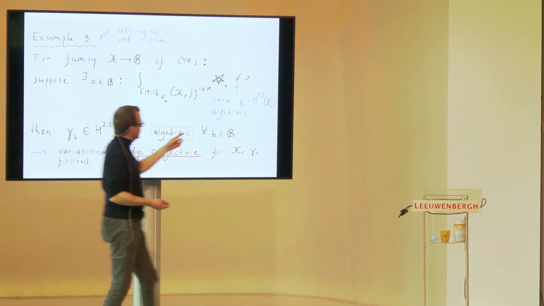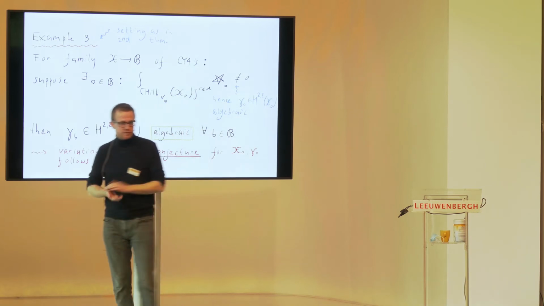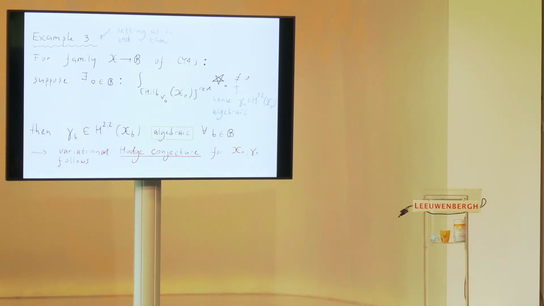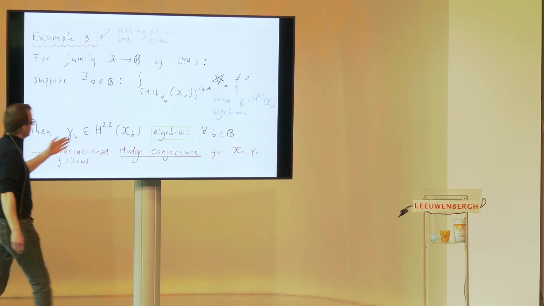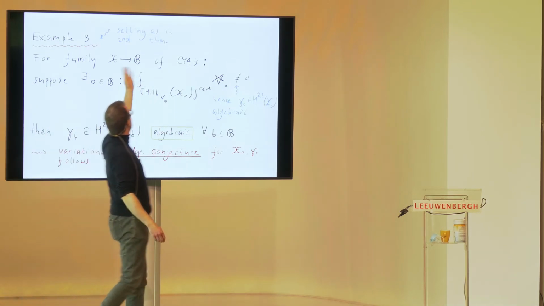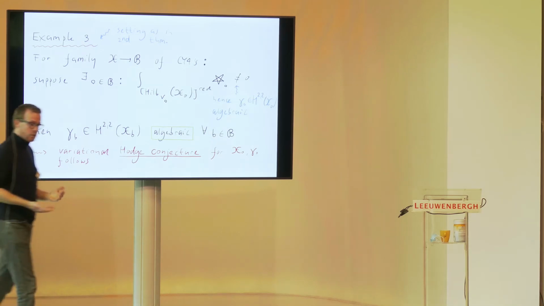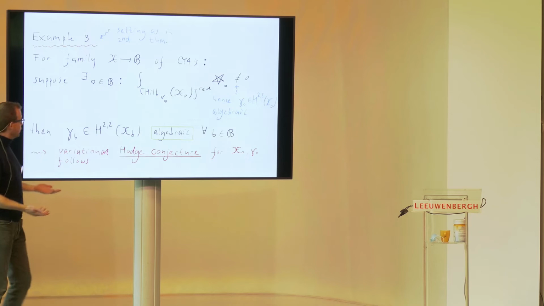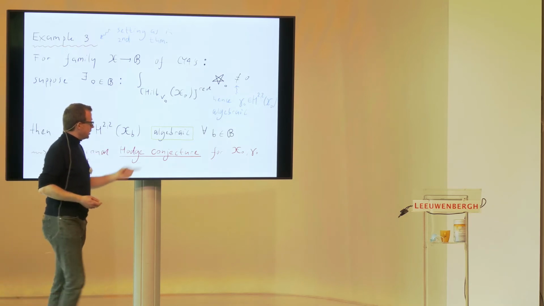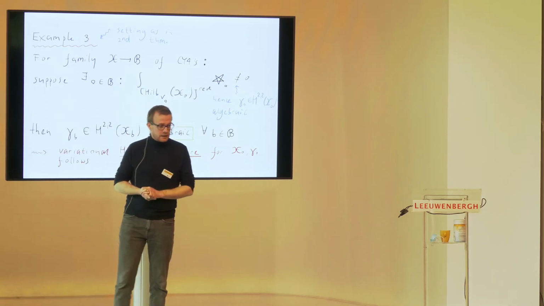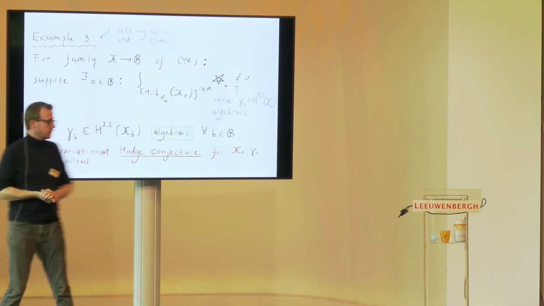So your 2-2 class must be represented by some surface, so it must be algebraic. But then the deformation invariance tells you this number is non-zero everywhere over the base. In particular, the moduli space is non-zero everywhere over the base, and your 2-2 class gamma will be represented by an algebraic class everywhere over the base.